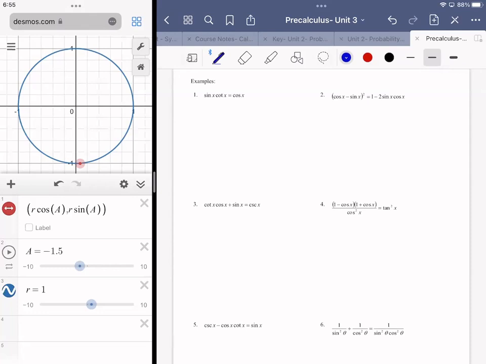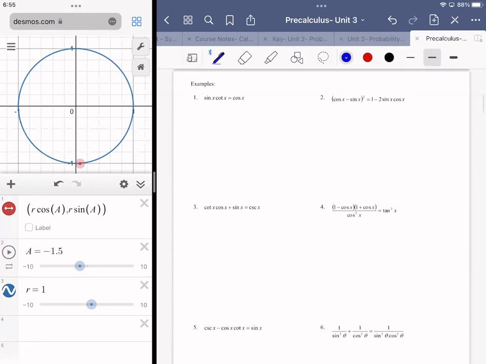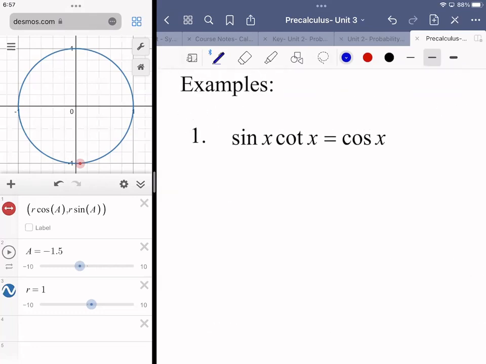Looking at number one, the whole idea when it comes to proving identities is to modify the equation so that the left side is equal to the right side without multiplying, dividing, rooting, or anything like that to both sides of the equation.